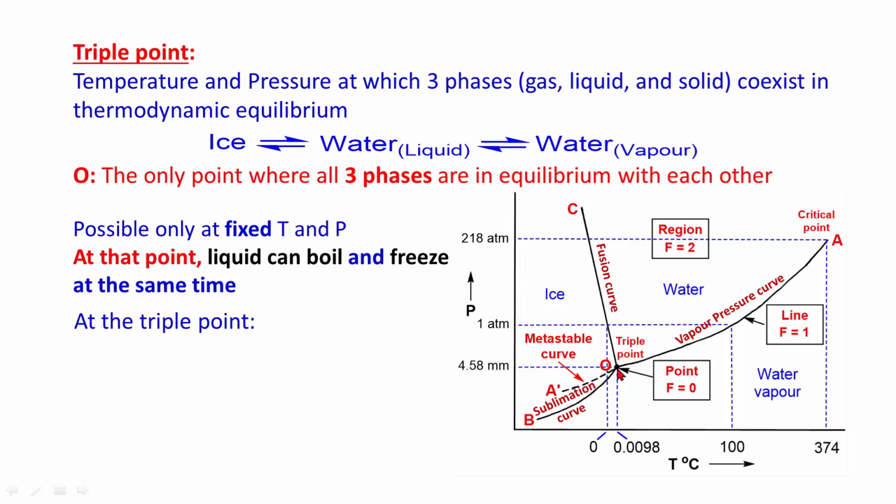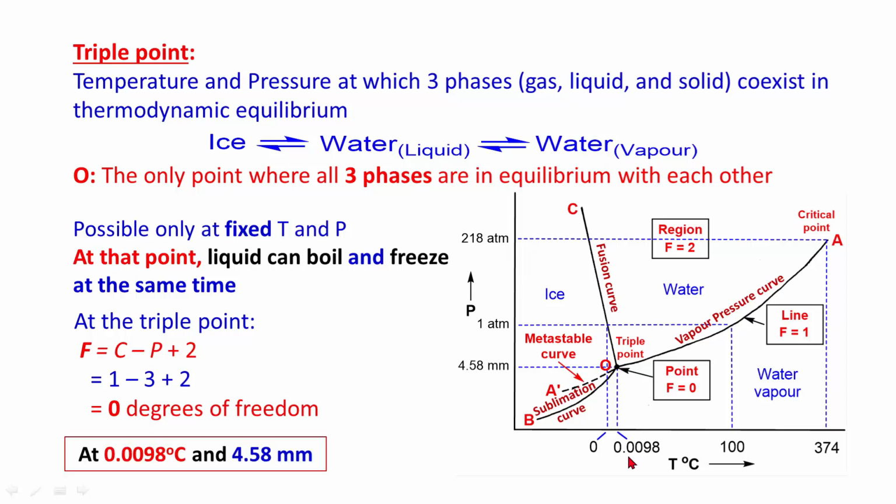At triple point, if we apply the phase rule equation, there are three phases in equilibrium and it is a one component system. We get F is equal to 0. Degree of freedom is 0, which can occur at only 0.0098 degrees centigrade and 4.58 mm pressure.